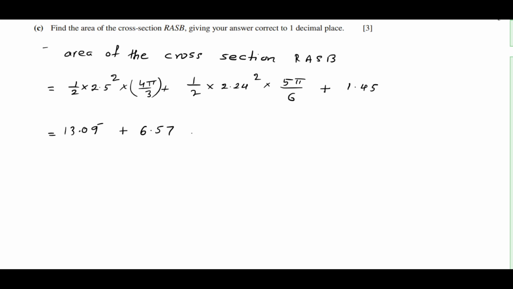And finally, the third area is 1.45. So 6.57 plus 1.45 plus 13.09, the total area is 21.10. This must be your area.